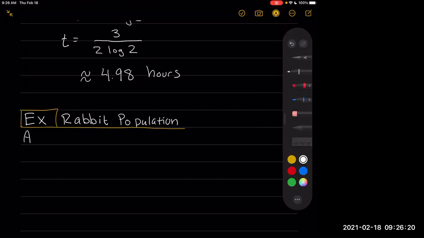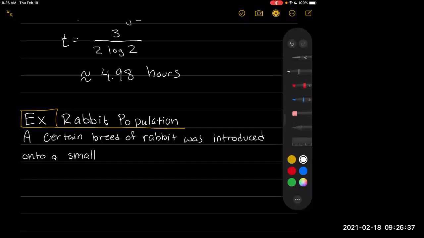A certain breed of rabbit was introduced onto a small island 8 months ago.